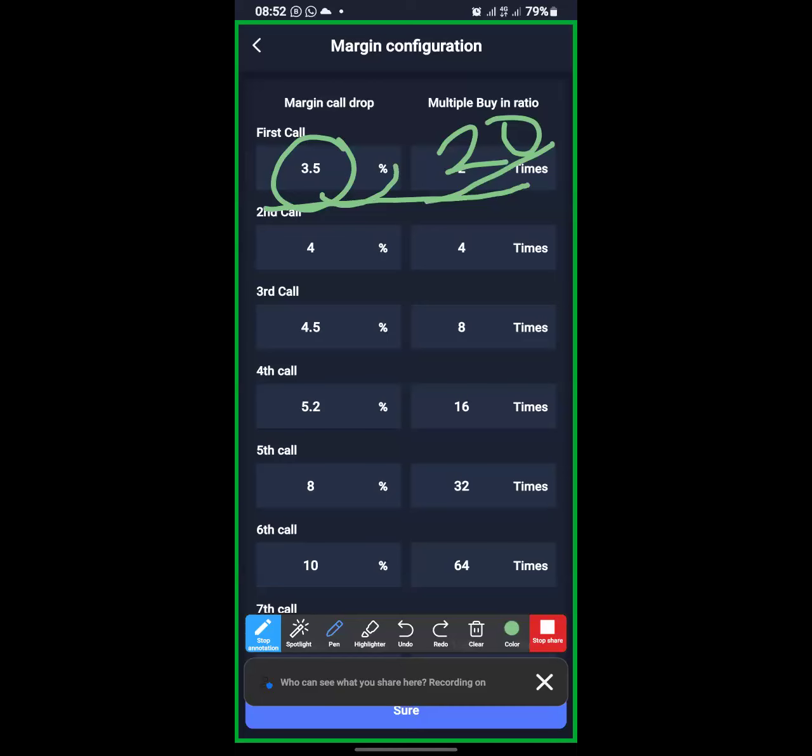For the second call, I'm instructing my robot to buy 4 times. That means it's buying 10 times 4, that's 40, when the market continues to move down by 4%. On this third call, I'm instructing my robot to buy 8 times. That's 10 times 8, that's $80, when the market falls again by 4.5.